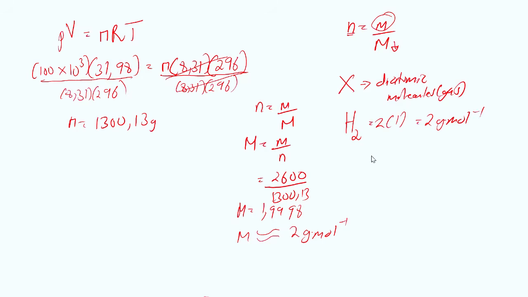So it's because they said diatomic. So we do understand that helium also has what? 2 grams per mole. But then here the keyword was diatomic. So this is why we chose hydrogen gas. So remember, helium cannot be a diatomic gas. And you do not have something like this. There is no He2. Then, okay.